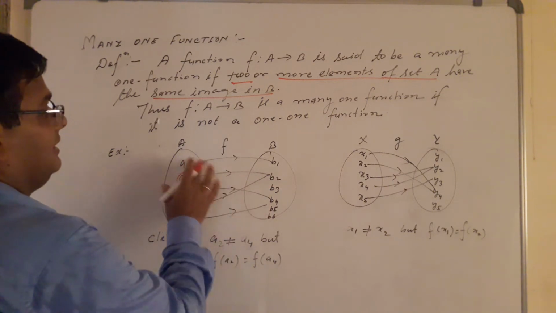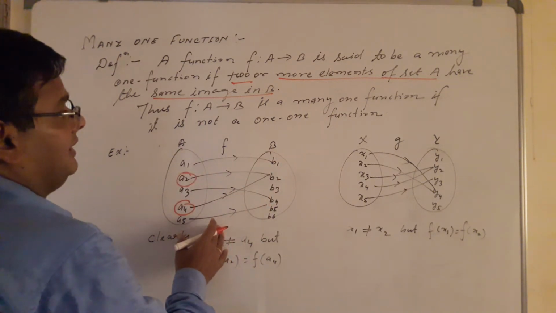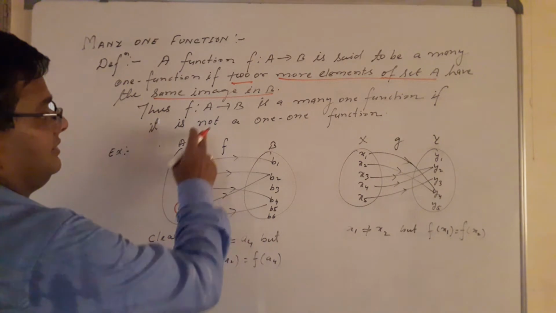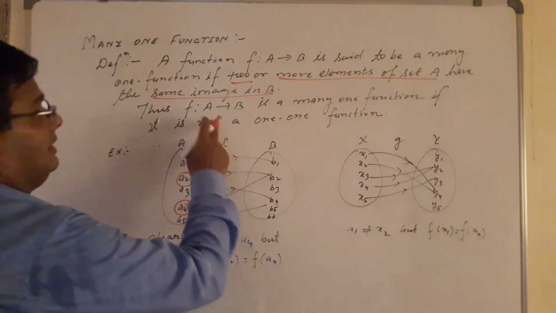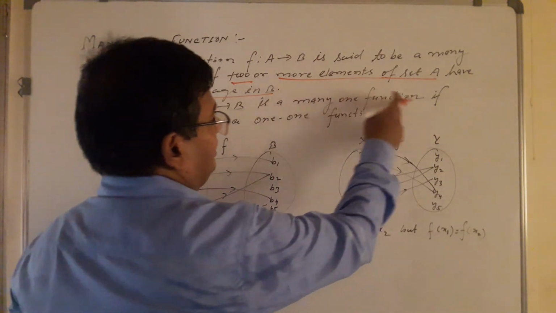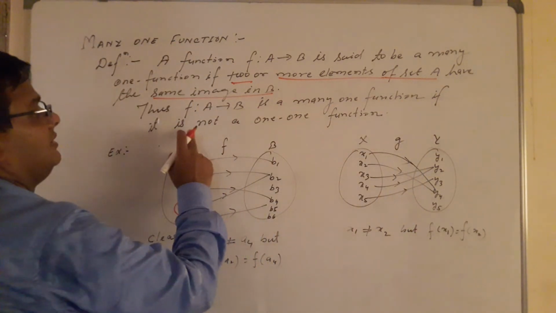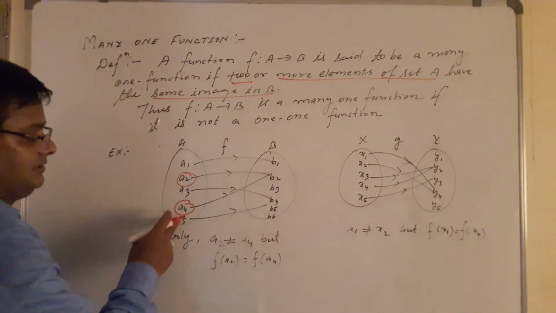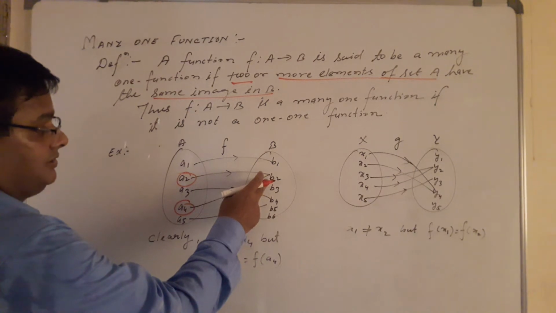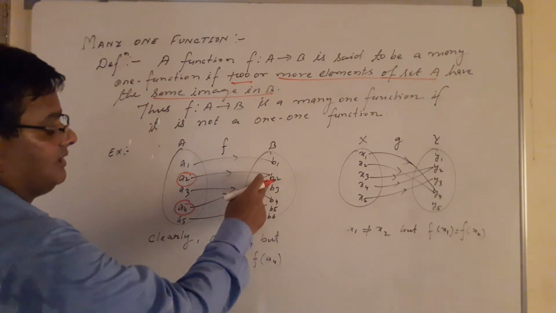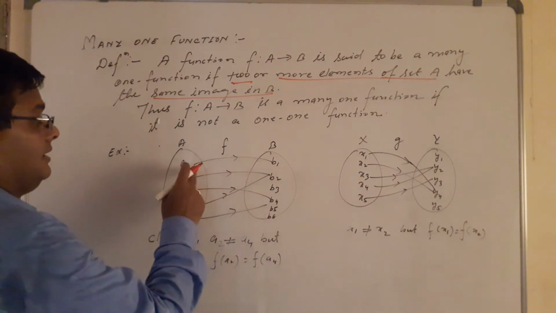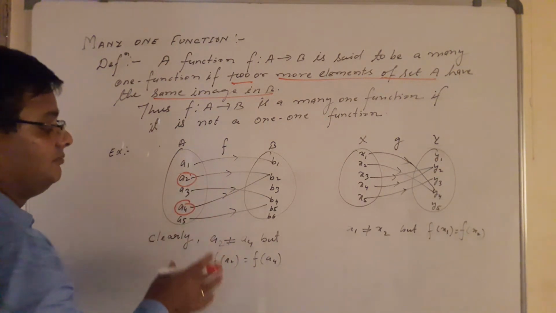So this function from A to B is called a many-one function. It is not a one-one function. See here, a2's image is b2 and a4's image is also b2.